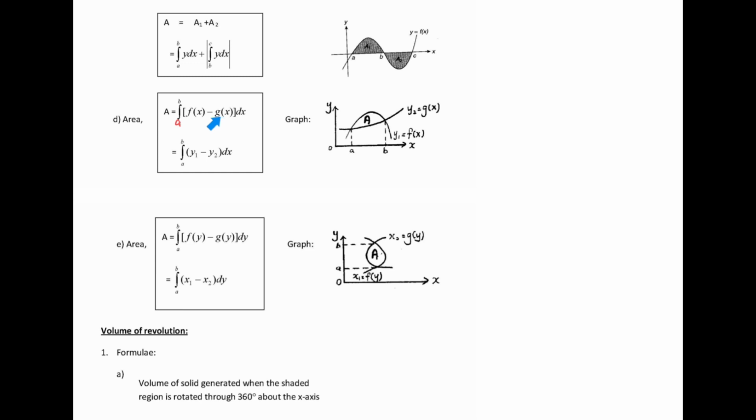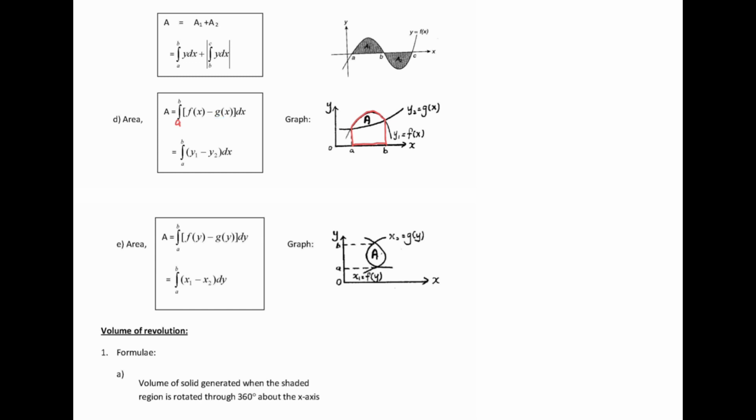So the logic here, f(x) minus g(x), we have to know that when you integrate f(x), basically you are finding this area in red, the area under the curve to the x-axis. You found this area, but we don't want this region. This region is the extra region.